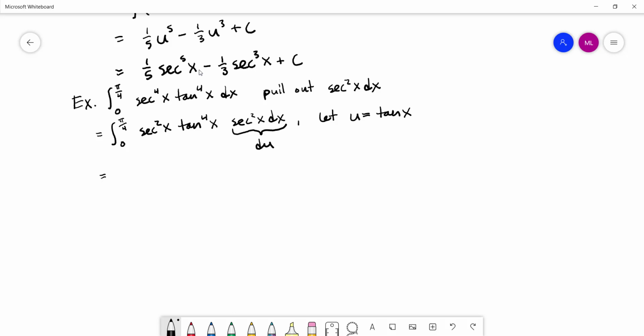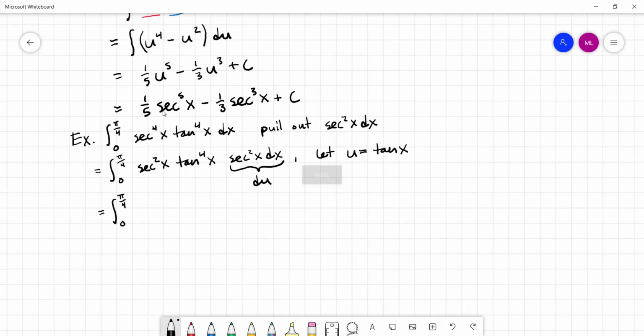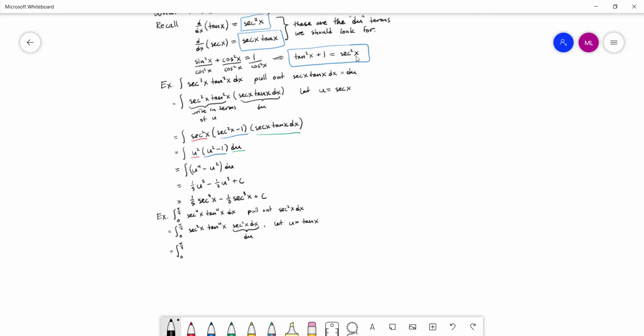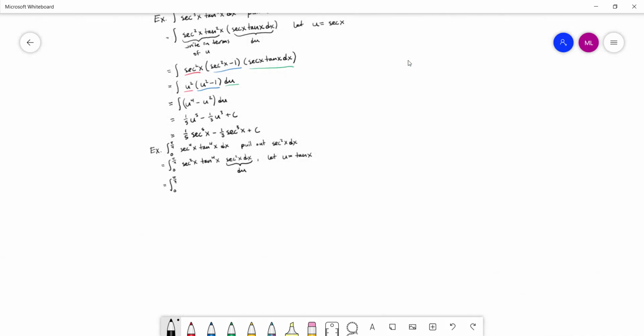I want to rewrite this as the integral from 0 to pi over 4. The secant squared term, if we go back up to our Pythagorean identity, secant squared I can rewrite as tangent squared of x plus 1.